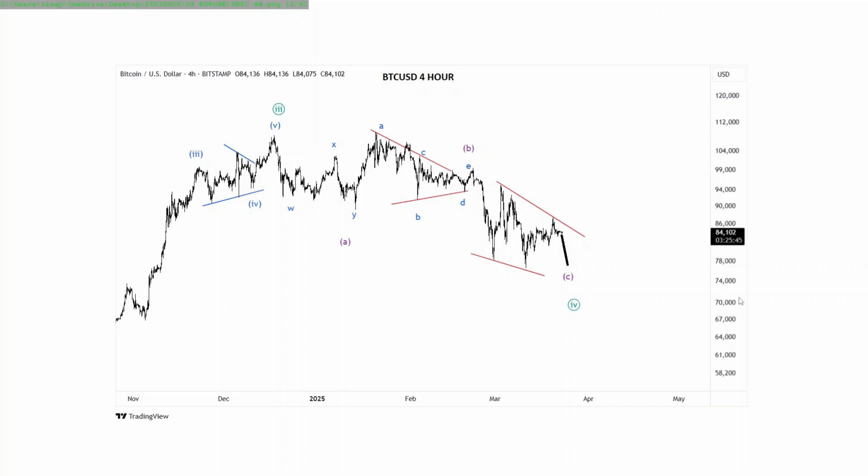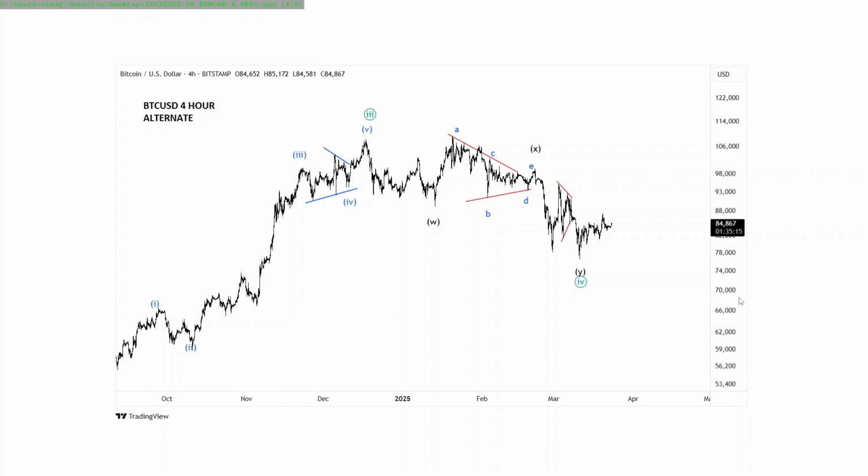Now the C wave of this minute wave 4 is probably tracing out an ending diagonal, but this count will be invalidated if BTC moves above the upper trend line of the falling wedge, that is the ending diagonal.